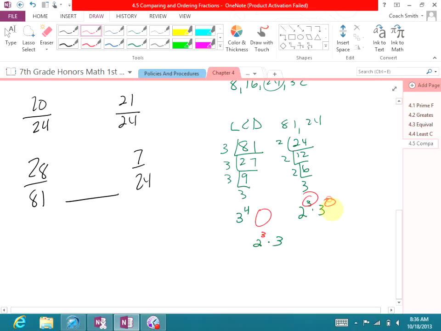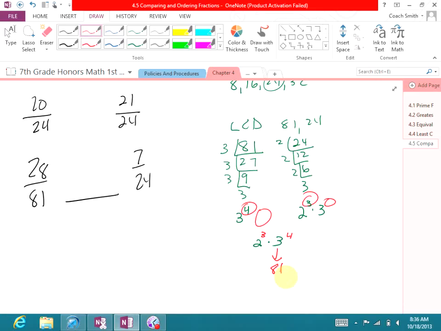I have 3 to the first and 3 to the fourth, so I've got to use 3 to the fourth. Well, we already know that 3 to the fourth is what? 81. 3 to the fourth is 81 because of our prime factorization right here.